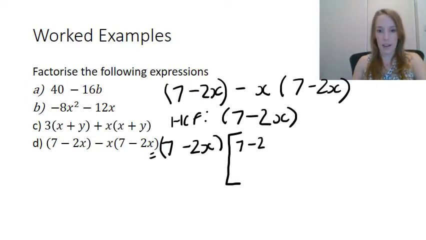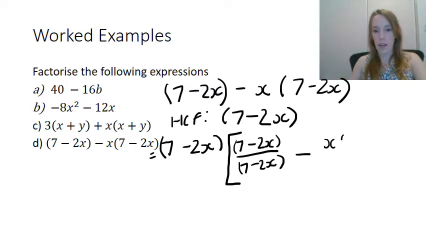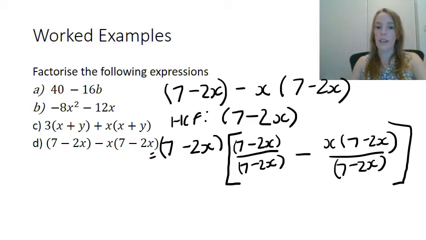So 7 take 2x divided by 7 take 2x, that's all in brackets, take x, 7 take 2x, divided by 7 take 2x, also in brackets. And from there we can simplify. So 7 take 2x divided by 7 take 2x will leave us with 1.